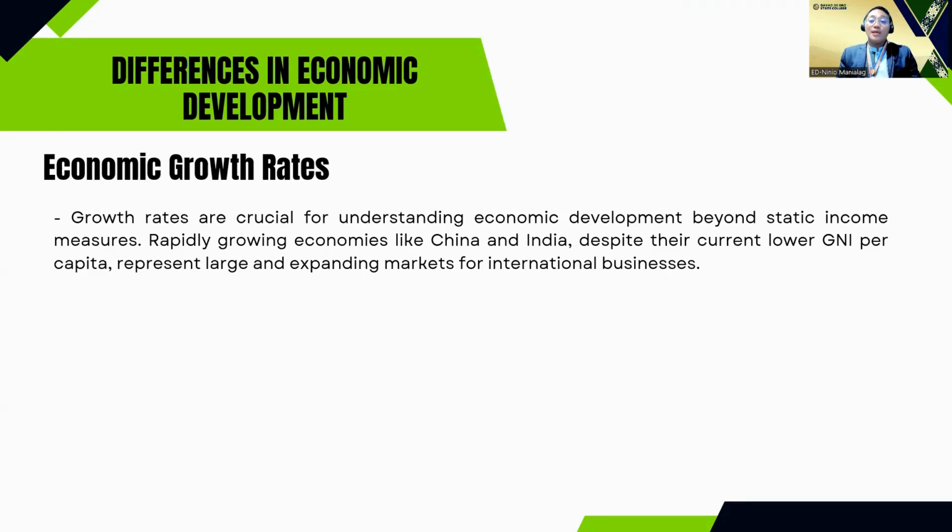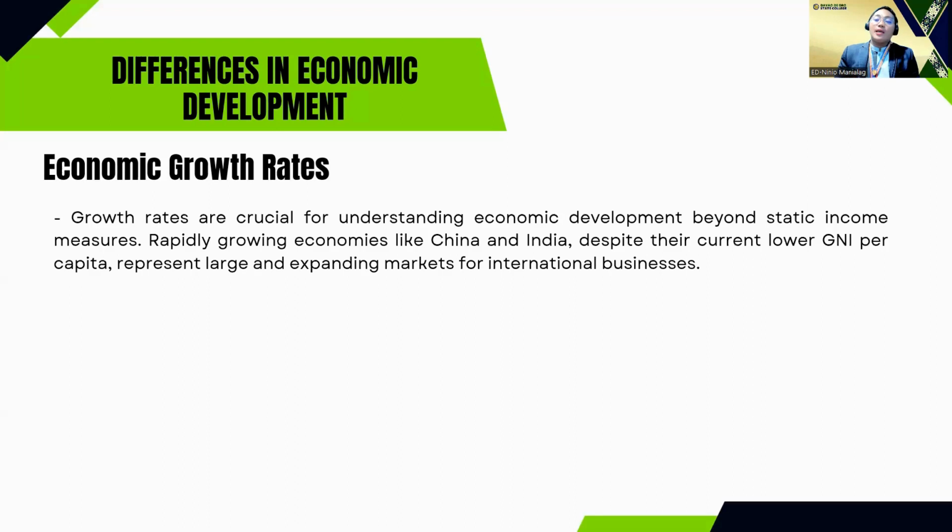Rapidly growing economies like China and India, despite their current lower GNI per capita, represent large and expanding markets for international business. Economic growth potential is a significant factor for international business strategies, highlighting the dynamic nature of global economic development.